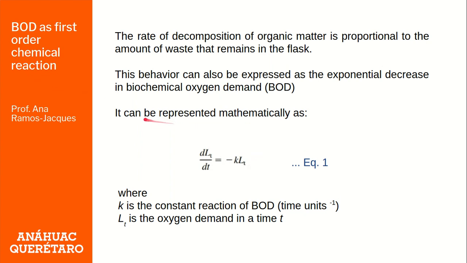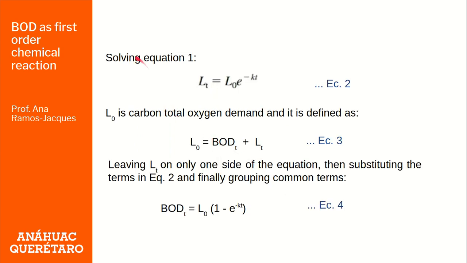So it's represented mathematically as equation 1. You can see here the differential and a constant value, and L, that is the oxygen demand at a time t.